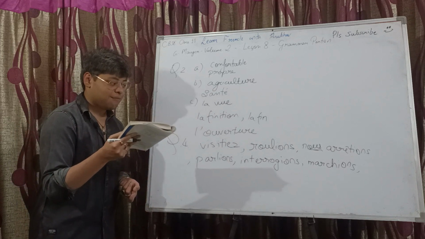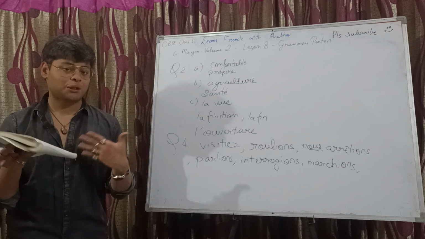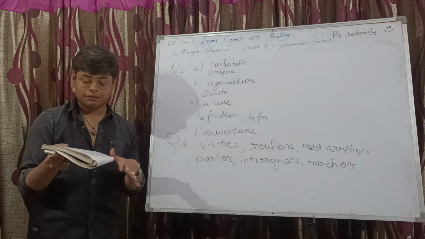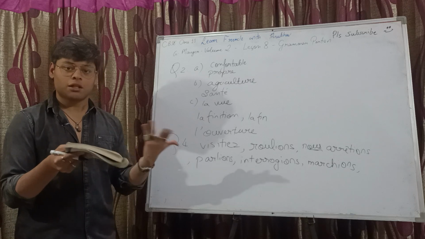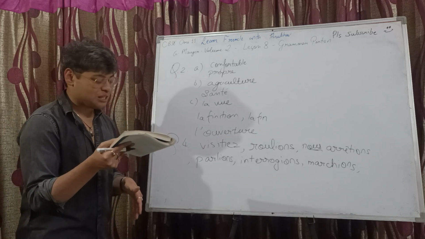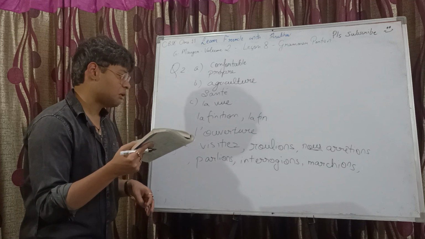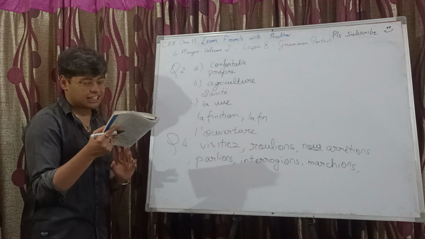But you may not expect such easy questions because many times exceptions come in greater magnitude. Anyways, let's not go there. So marchions, I hope the i's are clear in the recording. I am adding i before every ons. Please take care of that.